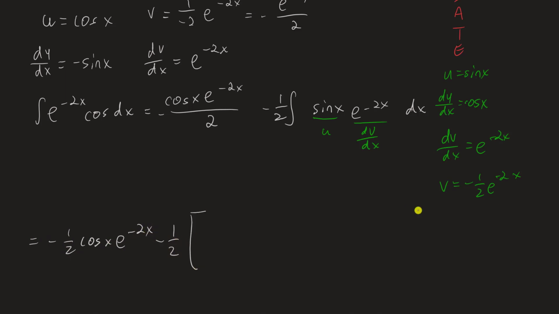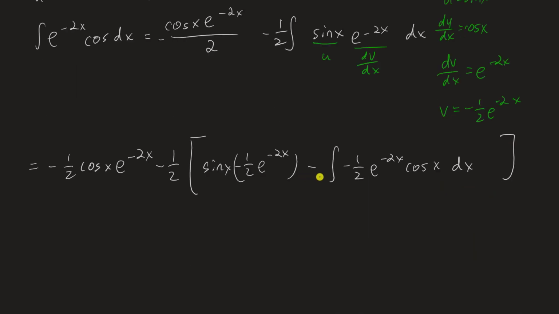I'll get ready for a giant square bracket because here, I'll get the new uv minus integrate v du. So once again, minus v du.